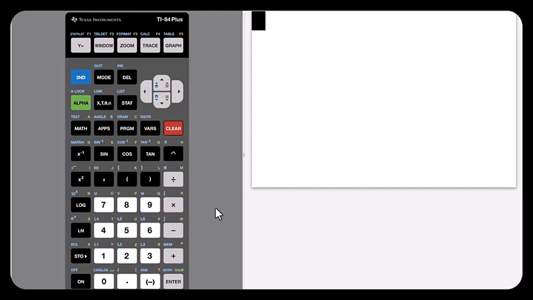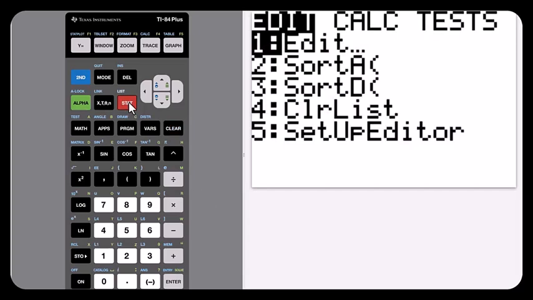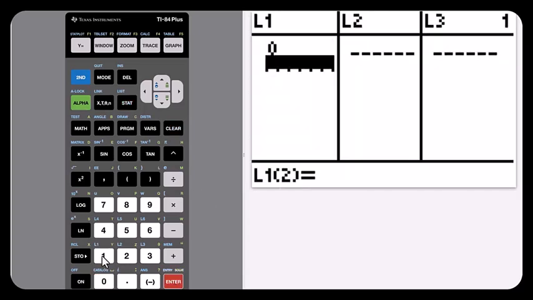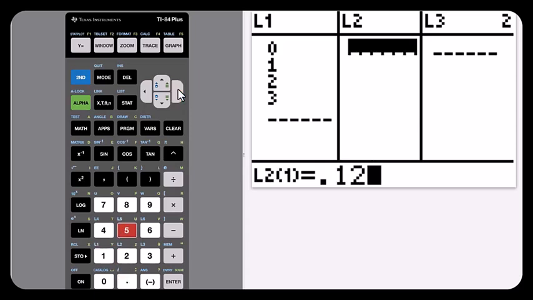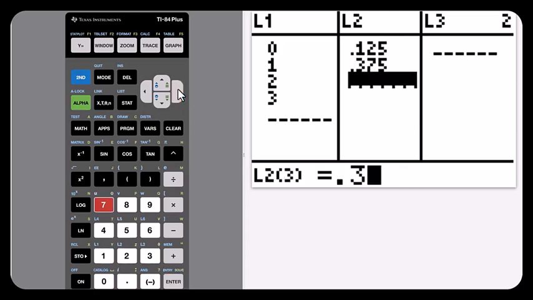We don't want to do all the math work by hand, and there's a couple of ways we can use the calculator to make this work easier. First thing we can do is to use it to simulate what we'd really be doing by hand. So we'll put all of x's values into L1, and the corresponding probabilities into L2.